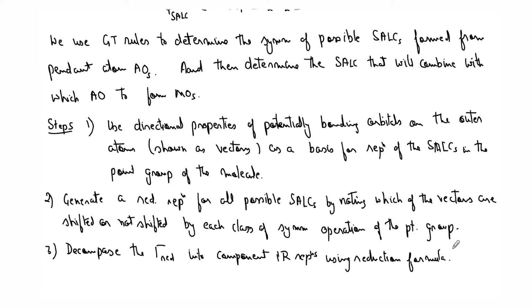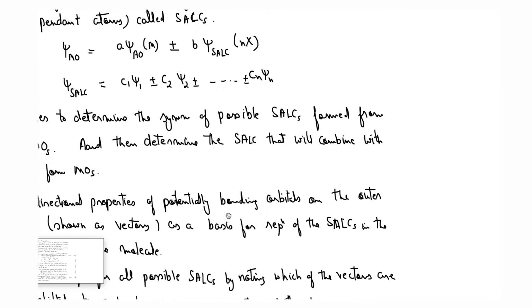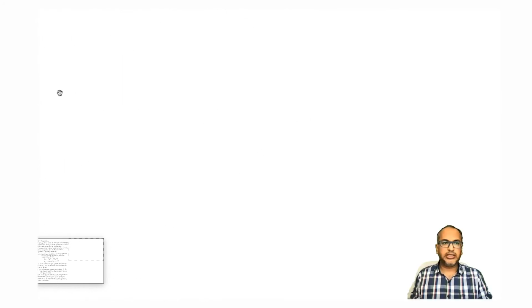If it is an easy case, you can just simply do it by inspection of the character table, like we did in the case of D infinity h, where using the reduction formula was not as feasible, so we simply did it by inspection. Okay, so next is, what is the next step?